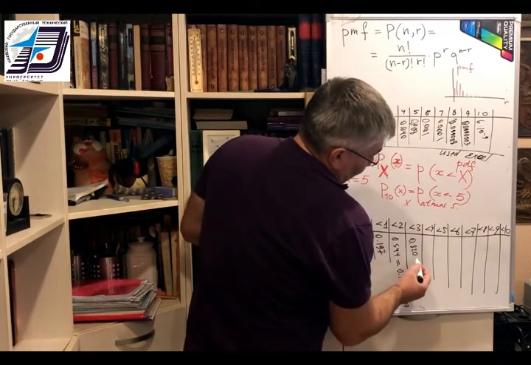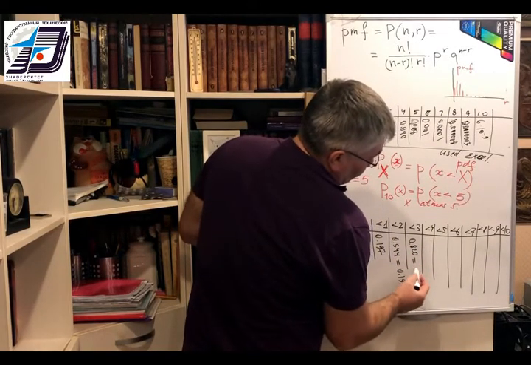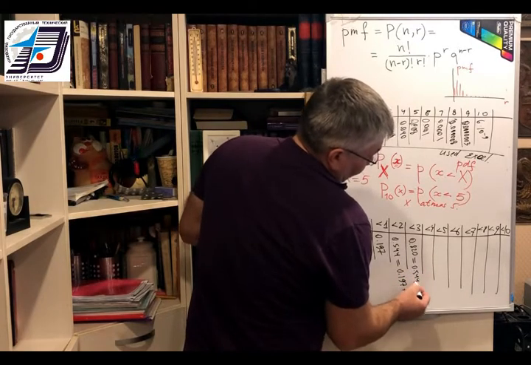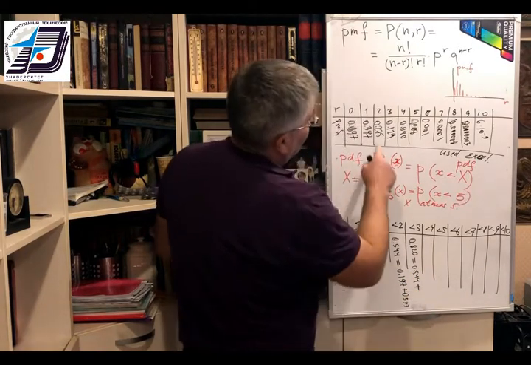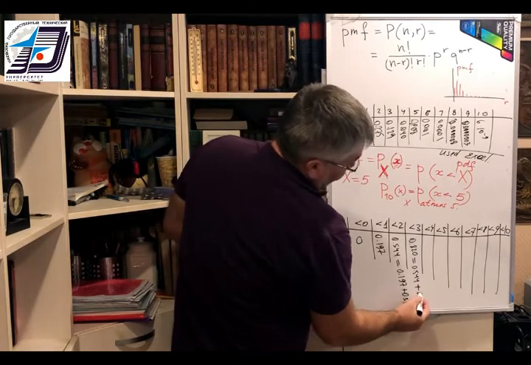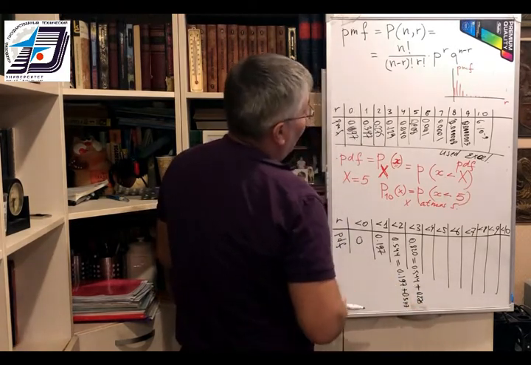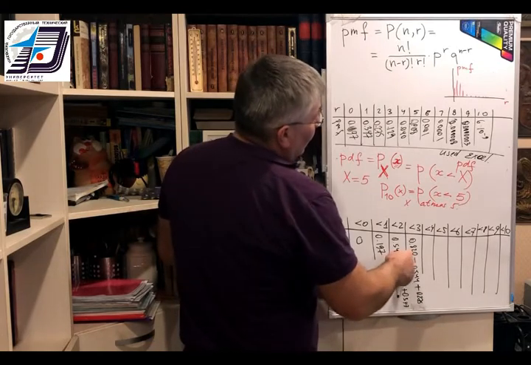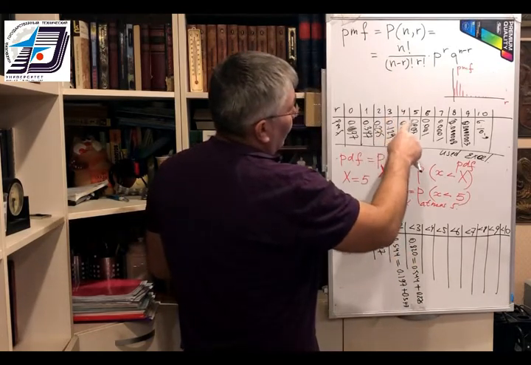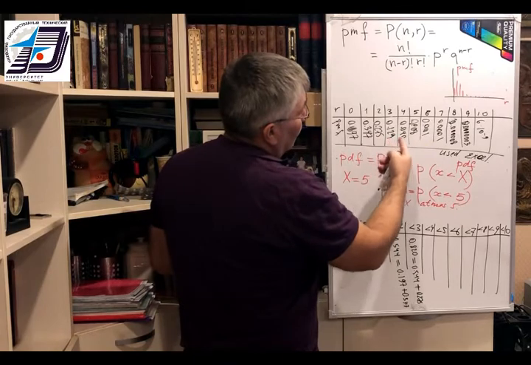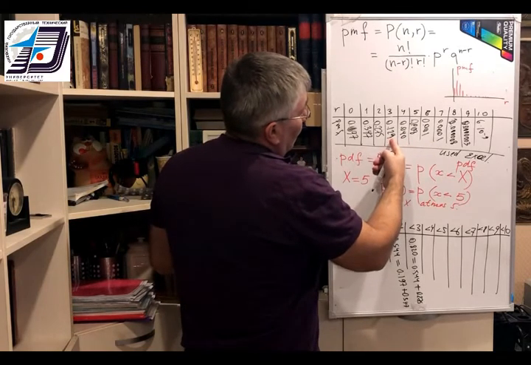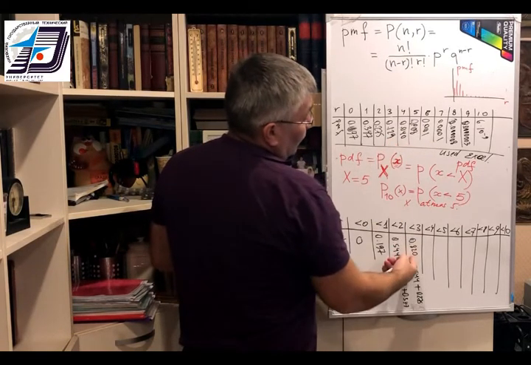The same thing I have to make for 3, 4, 5. So I have to add the new extra probability to the previous result.